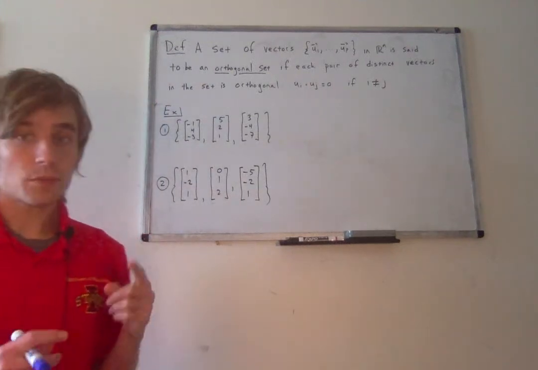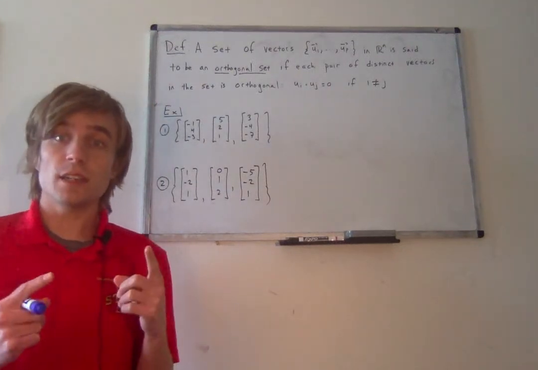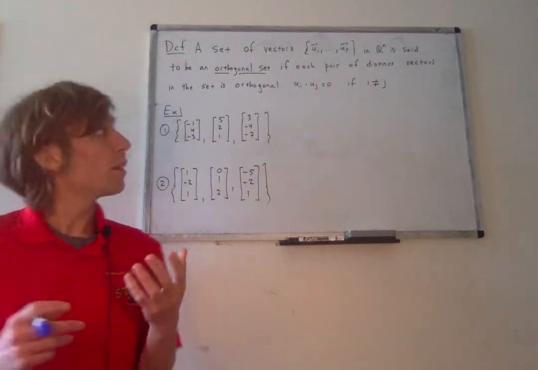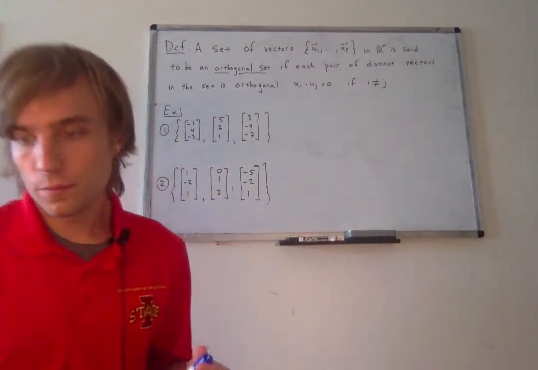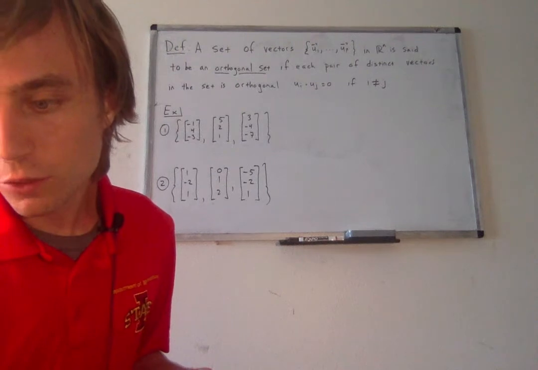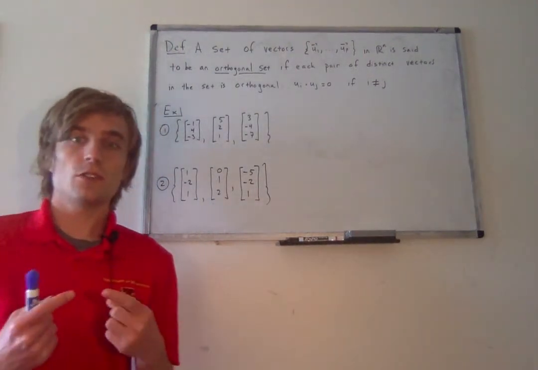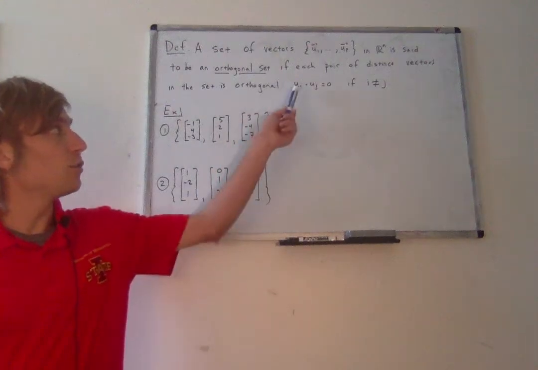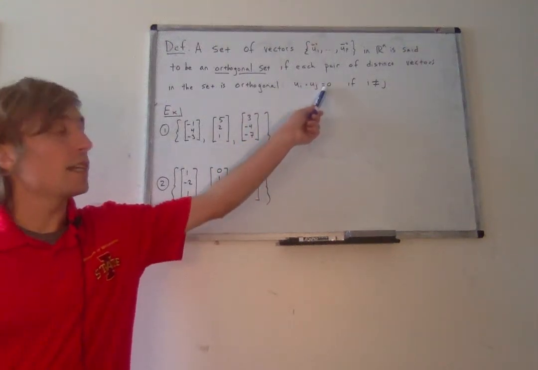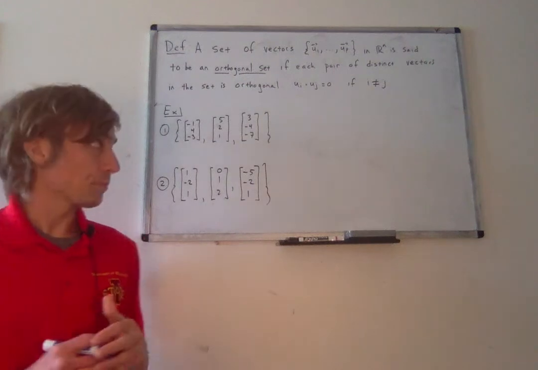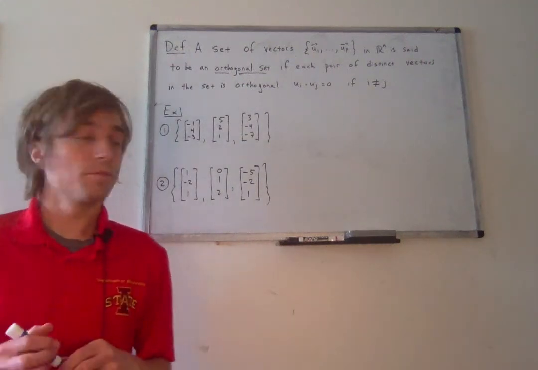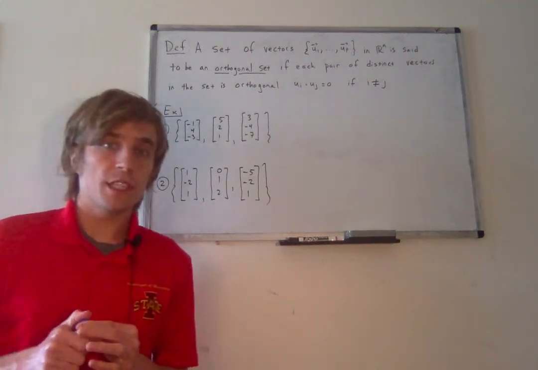That is, if I take any two vectors in the set, of course we learned that the dot product of a vector with itself is only 0 if that vector is 0. But if I take any two vectors in the set that aren't the same and take their dot product, then that should equal 0.